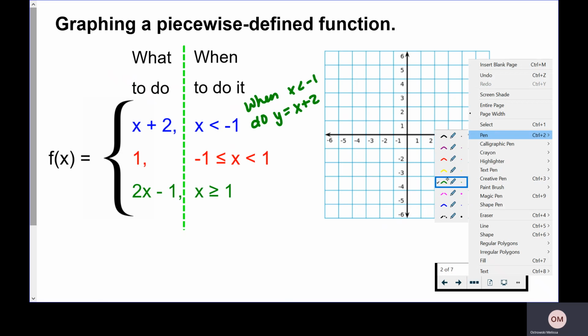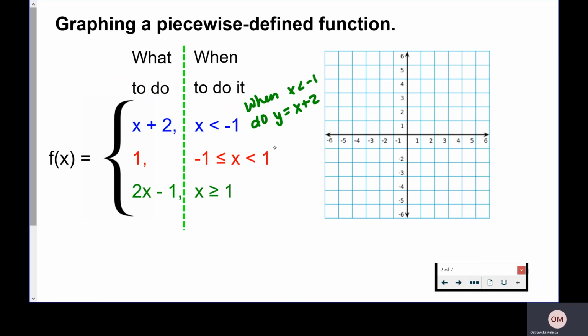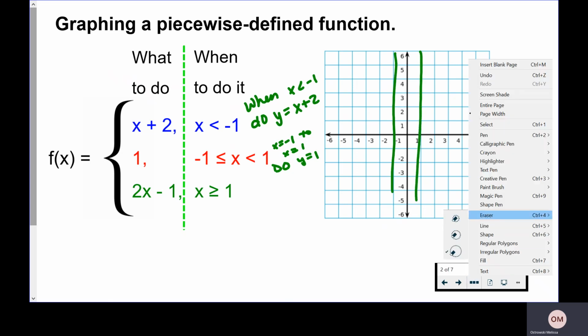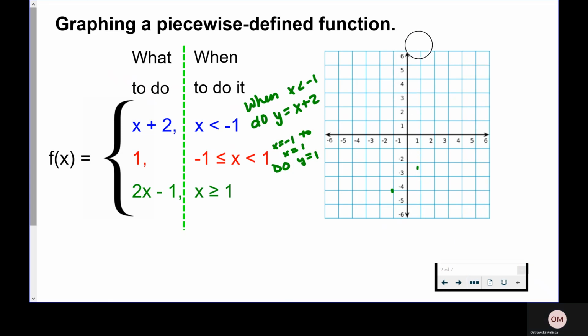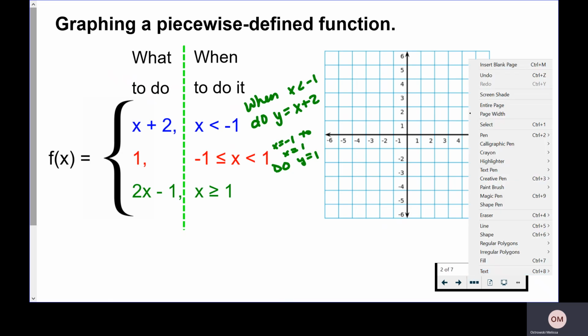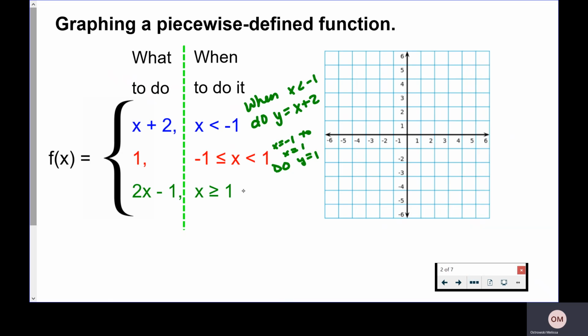And then here, this is when x equals -1 to x equals 1, do y equals 1. So from -1 to 1, that will be the function that I do, y equals 1. And then the last one is when x is greater than or equal to 1, do y equals 2x minus 1.